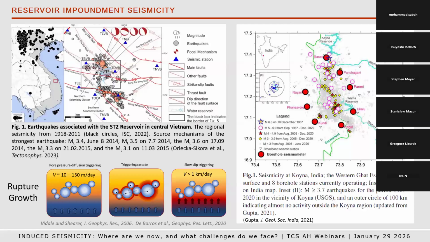these preparatory processes of earthquakes. Anyway, when we look at reservoir-triggered seismicity, we see very well documented nucleation, foreshock activity, and also prolonged phases of earthquake preparation.